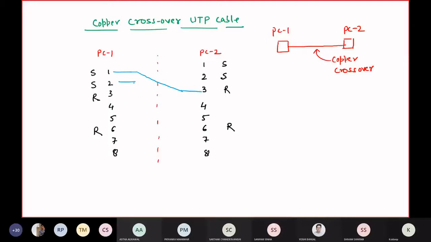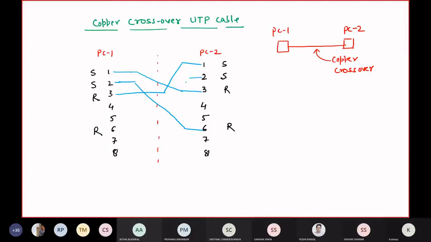Again 2, this is sender, and this is your receiver. Then we need to connect it with pin 6. On this side, this sender needs to be connected to receiver, so we will connect like this, right?